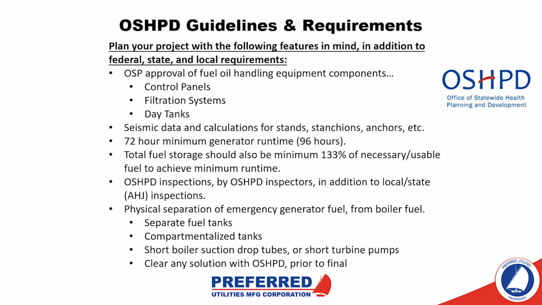Another way that we can deal with that, especially on retrofits or older systems, is we can use short boiler suction drop tubes or short turbine pumps, so the actual pickup location of the fuel is high enough in the tank that it does not have access to the rest of the fuel below it.